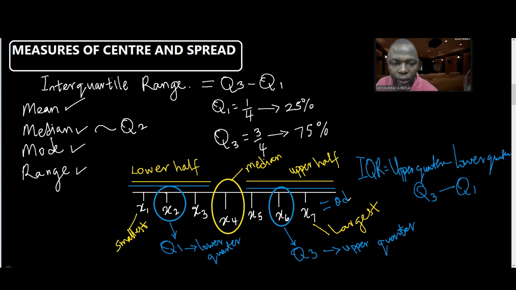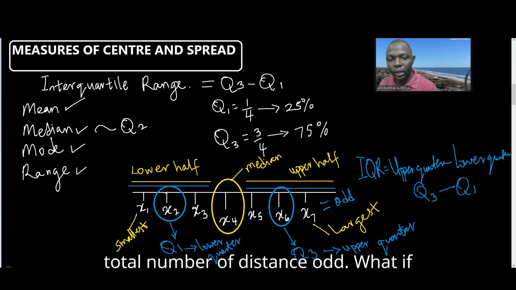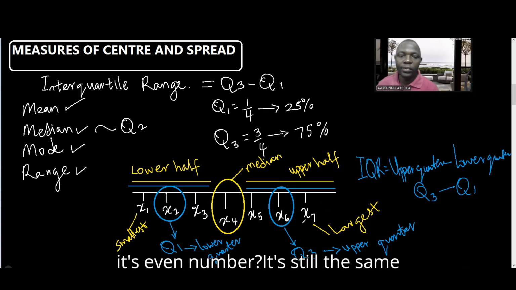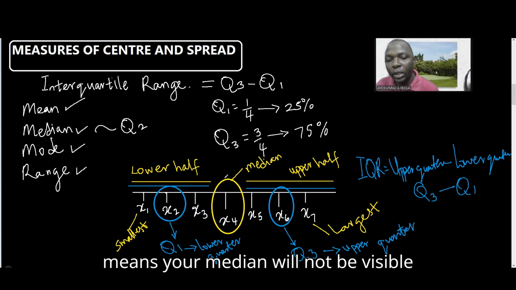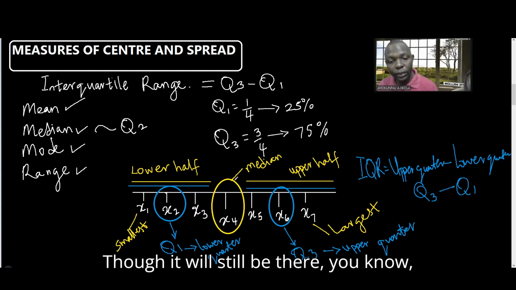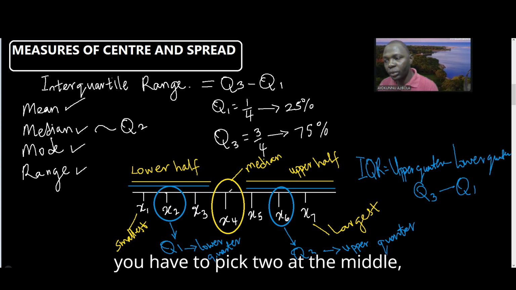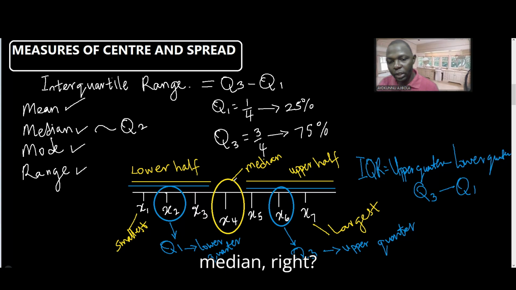This is 7 items, an odd number, right? Because the total number of items is odd. What if it's an even number? It's still the same thing. Just go to the middle way. That means your median will not be visible on your line, though it will still be there. You have to pick the two at the middle, add them and divide by two to get your median, right?